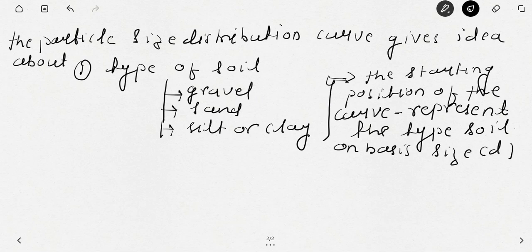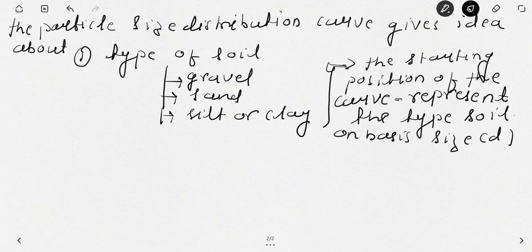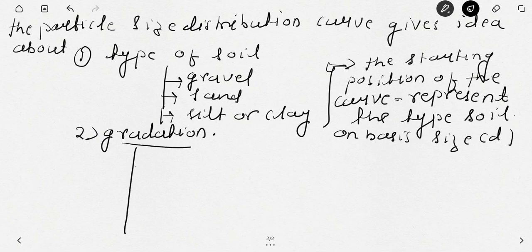Now the second objective we can draw out just by looking at the particle size distribution curve is gradation of soil. Under gradation, a soil may be of following types. It is not necessary that it is gravel, sand, silt, it may be anything.